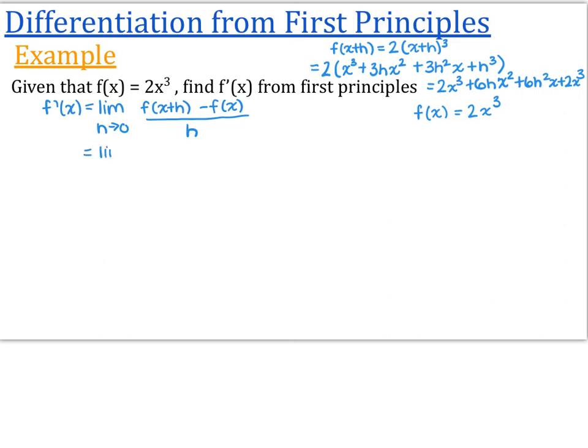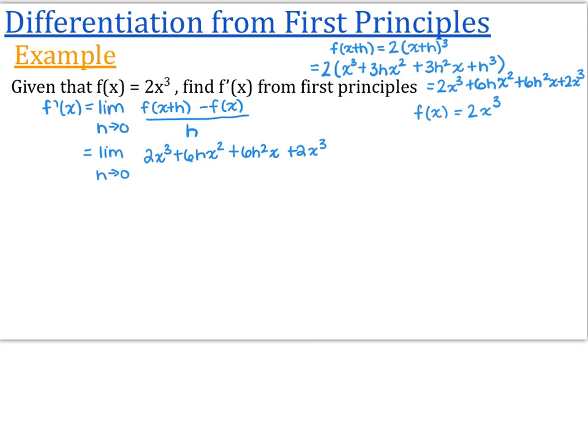We're looking for the limit as h approaches 0 of 2x cubed plus 6hx squared plus 6h squared x plus 2x cubed. Oh, I made a mistake when I was copying things.